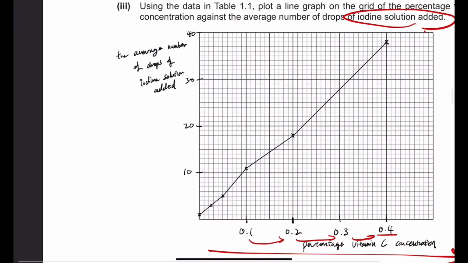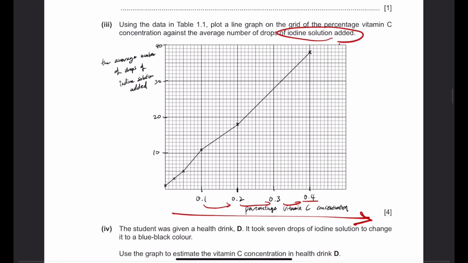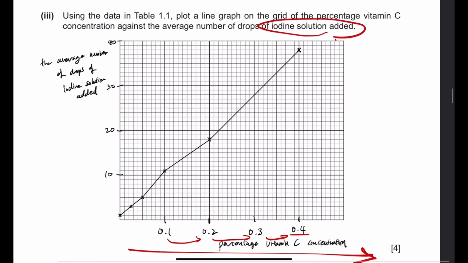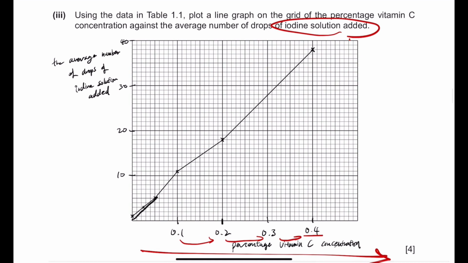Many of my students actually ask me if they have to draw a line of best fit. You know, the line goes something like this. Oh, that's an automated one, not a good one. No, you actually only have to draw a line of best fit if the question asks you to do so.